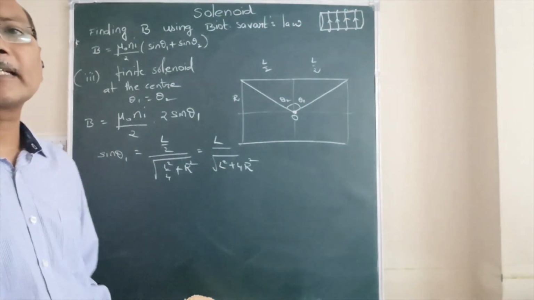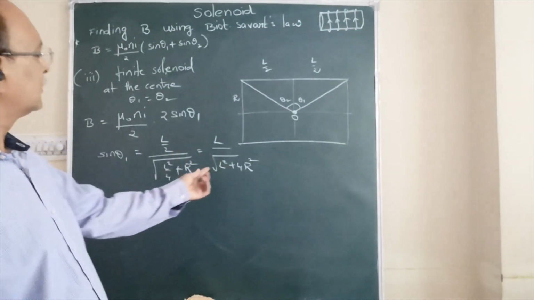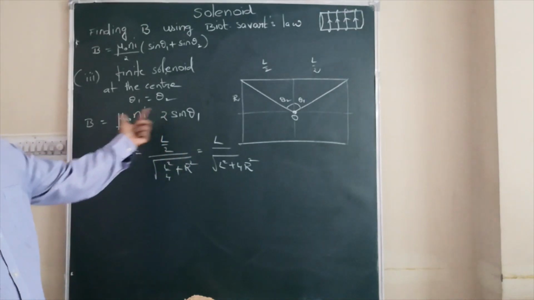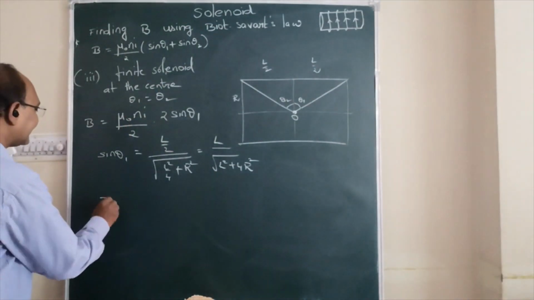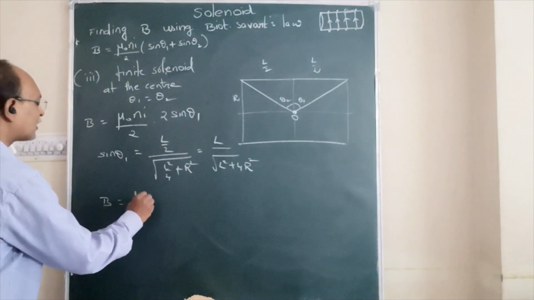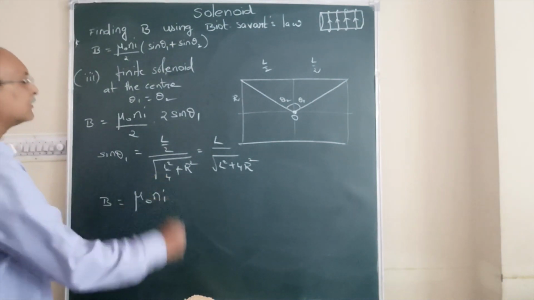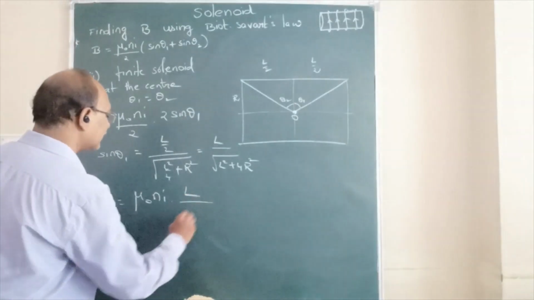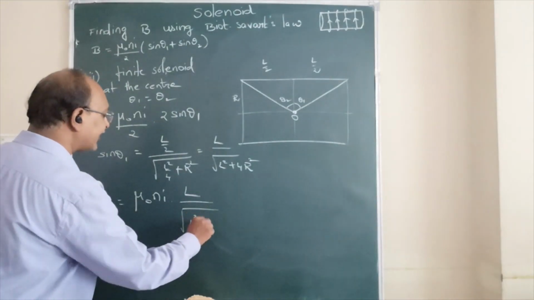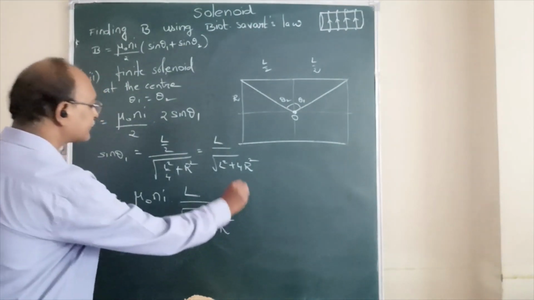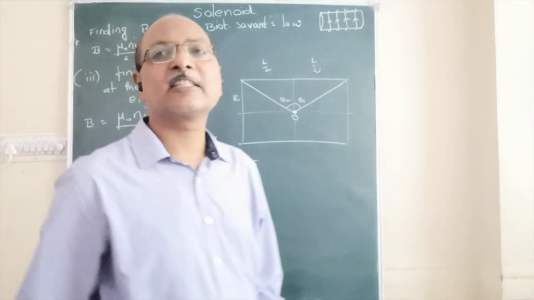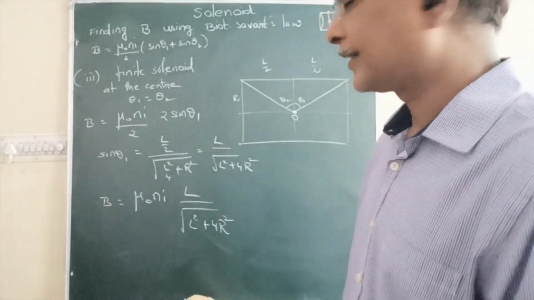So that is sine theta 1 and sine theta 2. That I can substitute, so 2 gets cancelled. B is equal to mu naught N i into L by root of L square plus 4R square. So that is the magnetic field at the center.